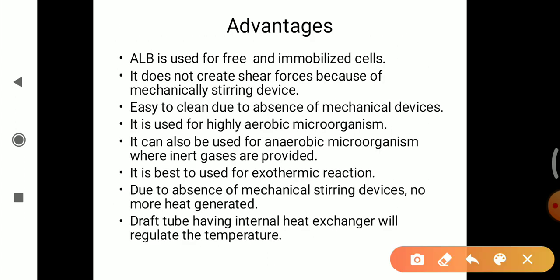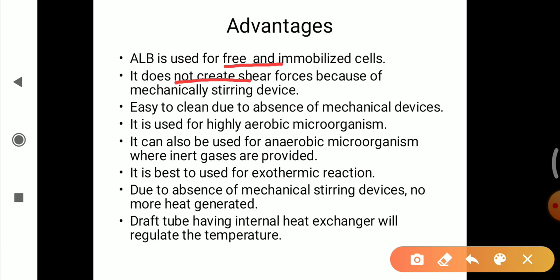Now we will see what the advantages of the airlift bioreactor are. Airlift bioreactor is used for both free and immobilized cells. It does not create shear forces because there are no mechanical stirring devices.